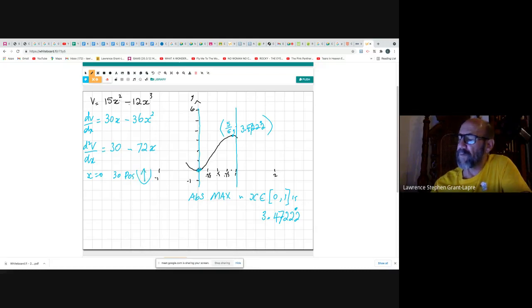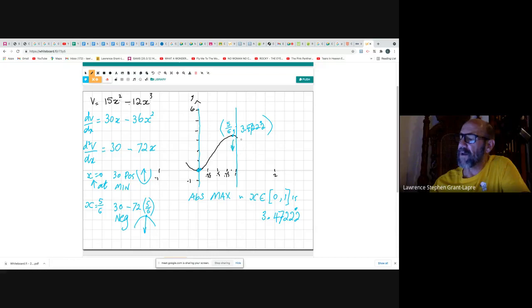So we call that a minimum point. So it's a minimum at x is 0. And if you substitute 5/6 in the second derivative, 30 minus 72 times 5/6, you get a negative answer. That means it's a maximum, it's concave down.